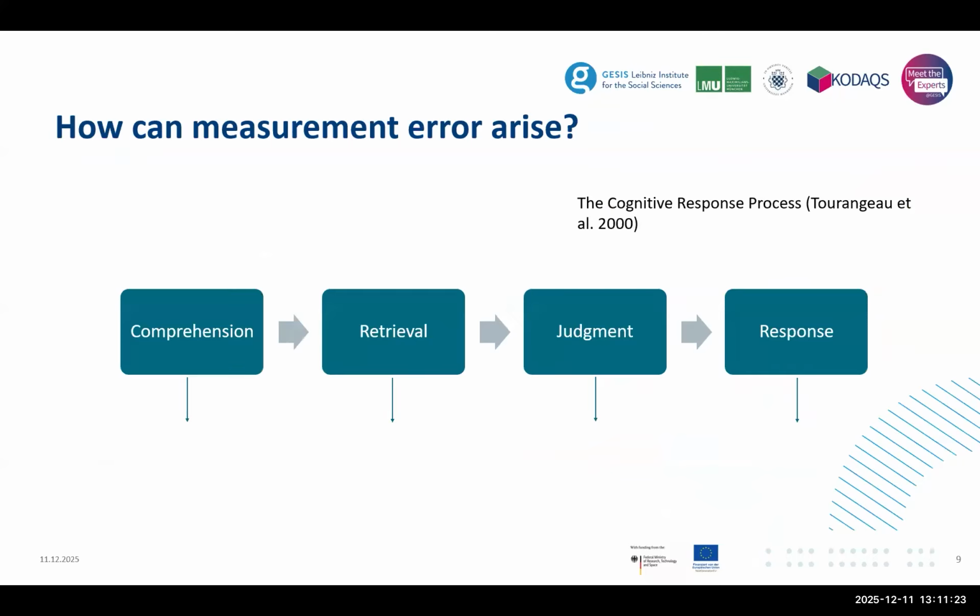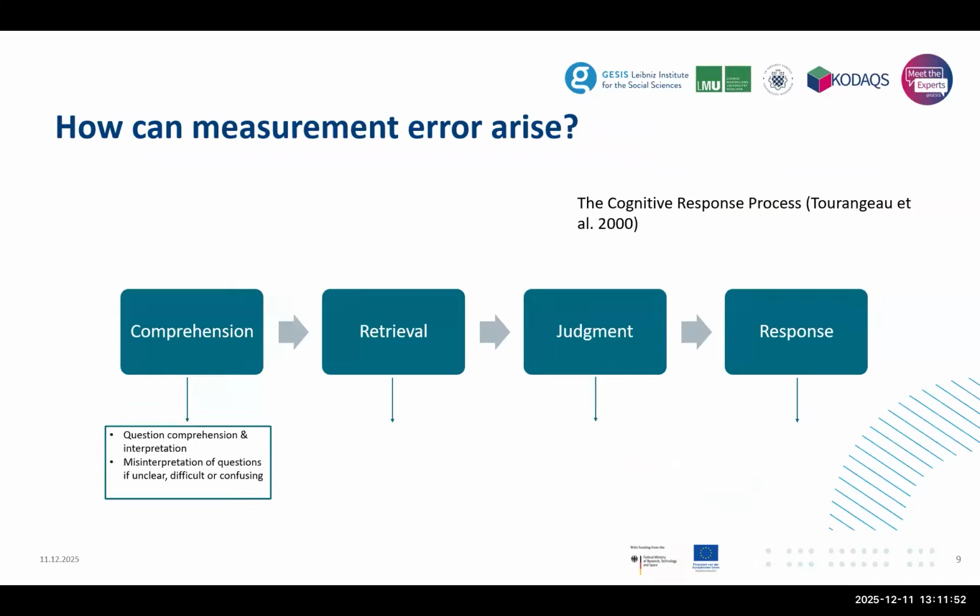Okay, so now the question is, how can measurement error actually arise? We learned about the sources, but what is the process they arise from? Here it's important to know about the cognitive response process, a very established concept in survey research. I'm sure a lot of you know it. It describes four stages of producing an answer to a survey question, of which the first is comprehension.